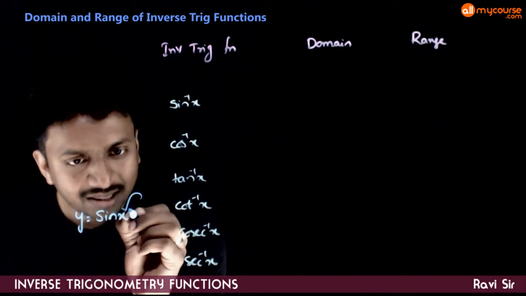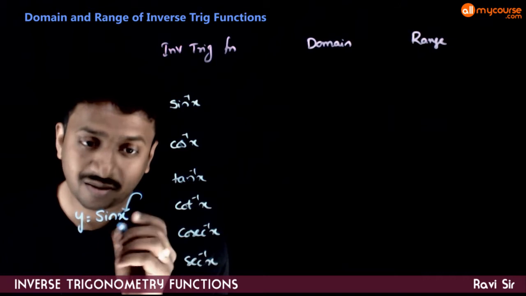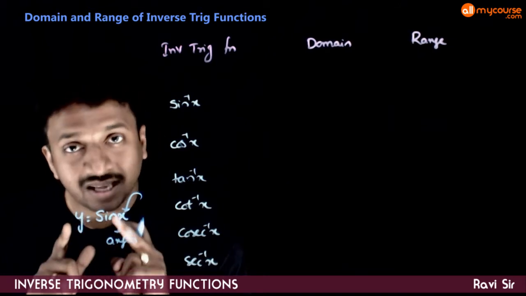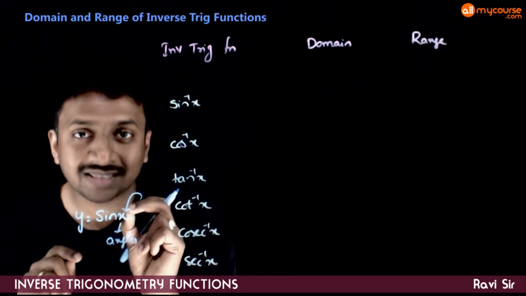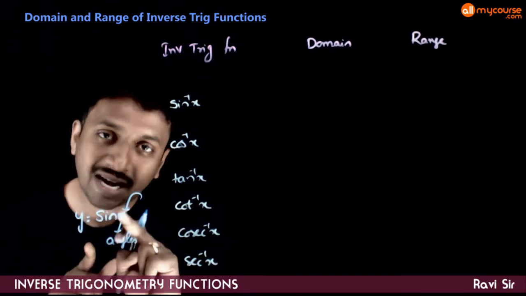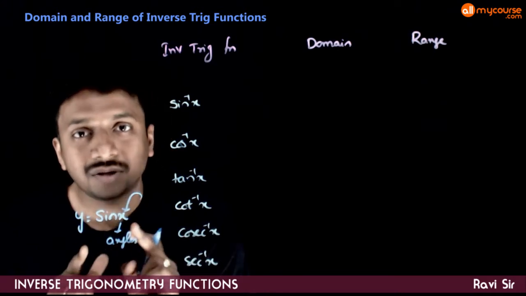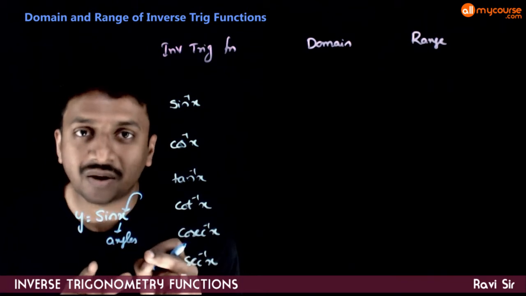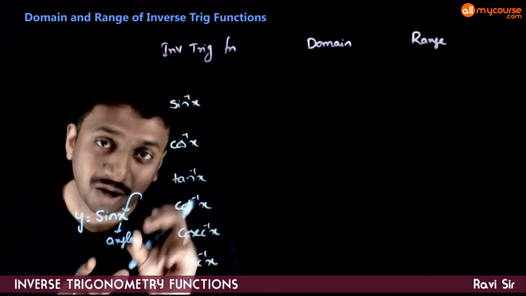It takes in the values of x, which are angles. If you take sin x as a machine, it takes in angles and gives out the values of trigonometric ratios.